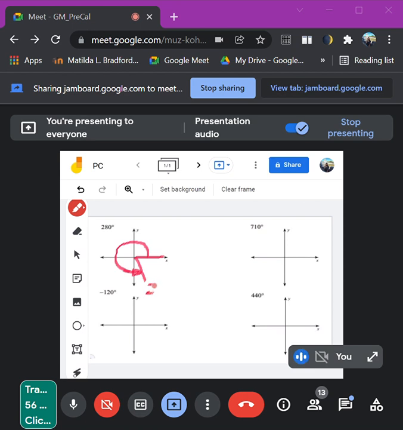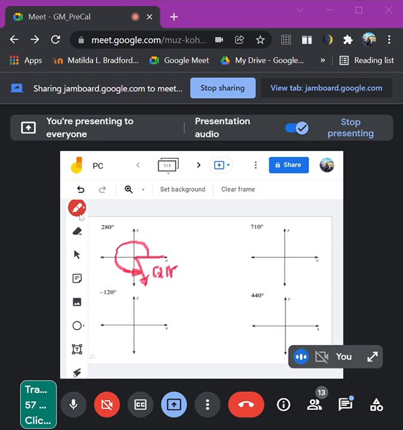So this time, that is your 280 degrees, which is in quadrant 4. So you can identify that it is in quadrant 4. Okay. 280 degrees, and it is in quadrant 4.